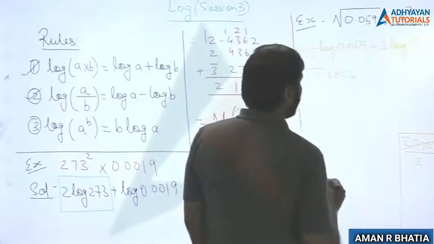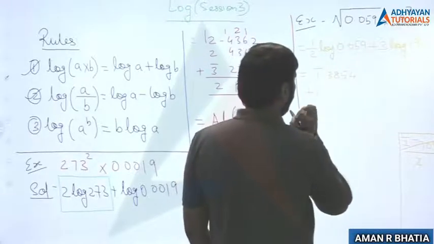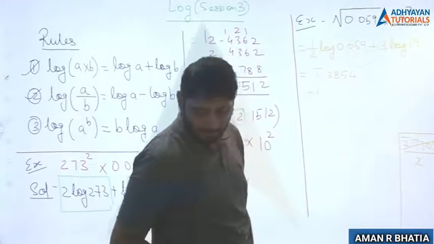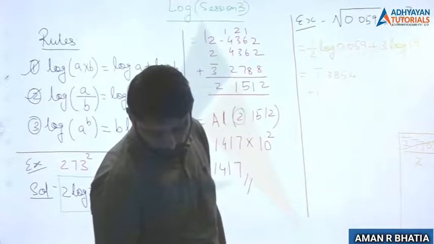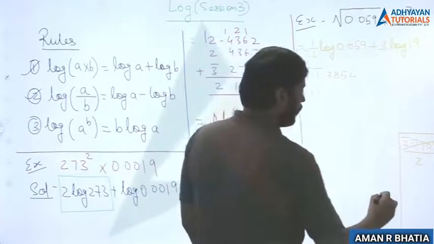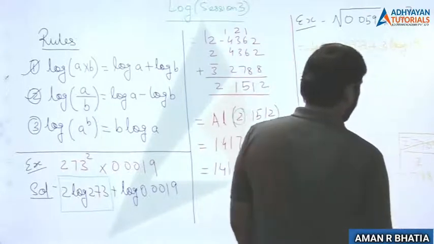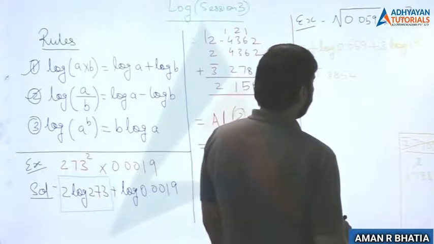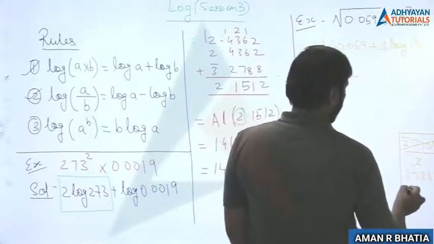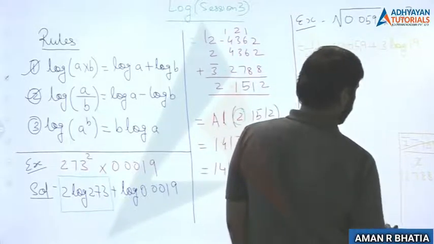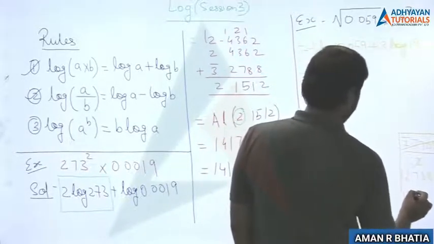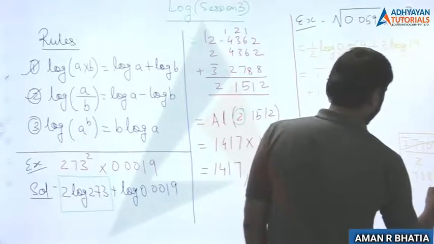So 19 का characteristic is going to be 1. 3 log of 19. तो 19 में 0, 2788. So 1.2788 into 3.